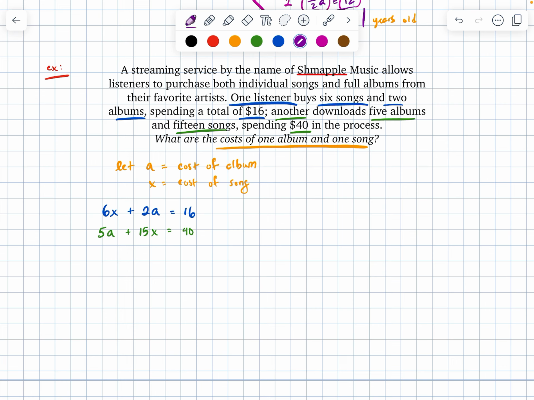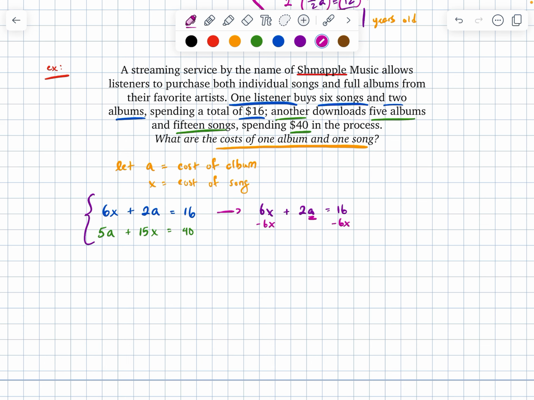From here, I could do either substitution or elimination. I'm going to choose personally substitution because if you notice, look at the top equation, for example, 6, 2, and 16. All of these are divisible by 2. So I'm going to take 6x plus 2a equals 16. I'm going to choose to get a by itself.